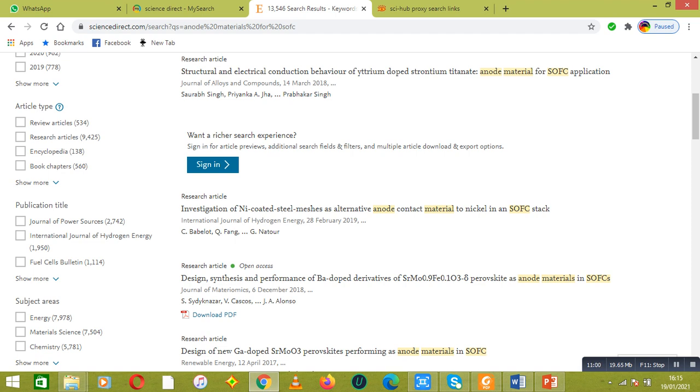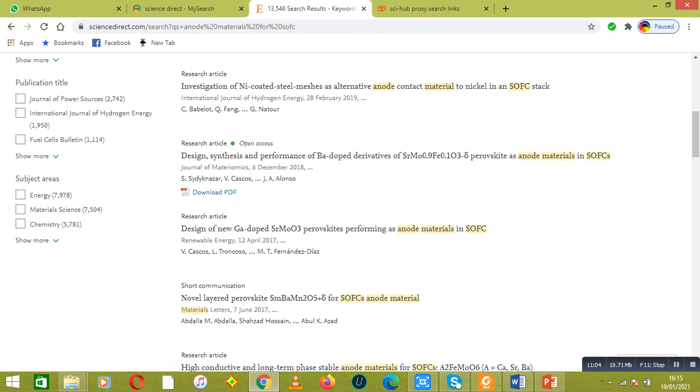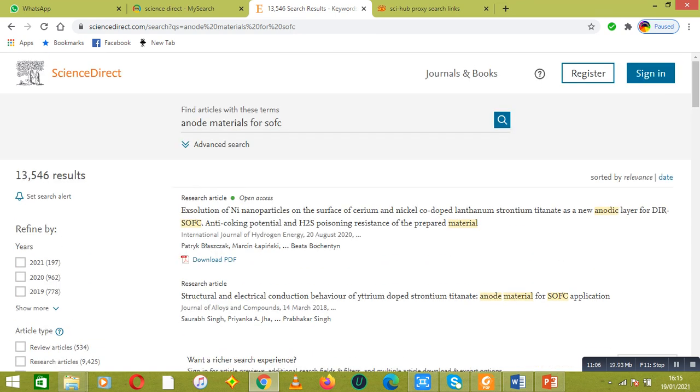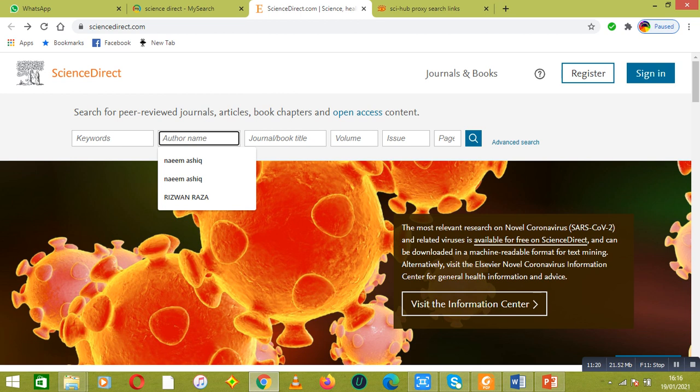The second column is about the author name, that is, which author's papers you want to read. For example, if you want to read the papers of Dr. Naimashik, you just put their name and enter. It will give all the papers belonging to Dr. Naimashik.